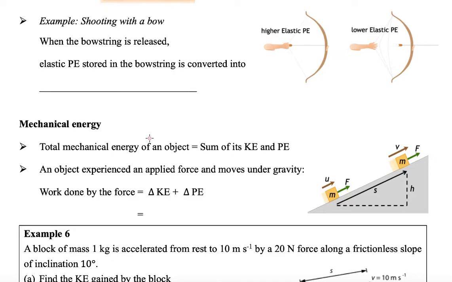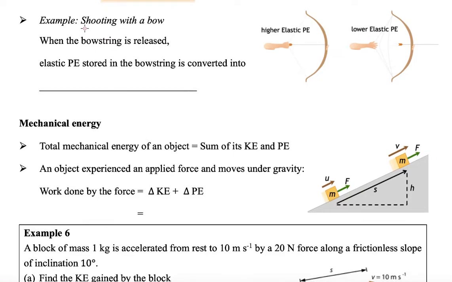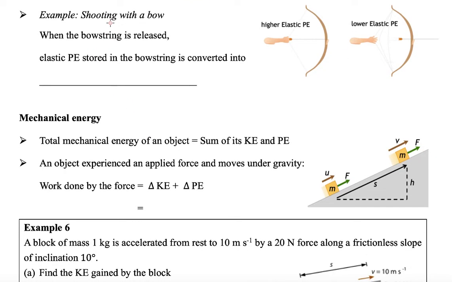Another typical example for elastic PE would be shooting with a bow. If you have played with a bow, then it would be easier for you to understand that. And if you haven't, when the bowstring is released, what will happen? The arrow will move, right?